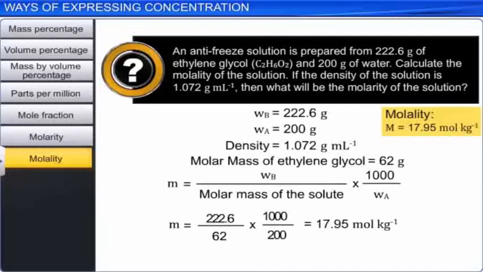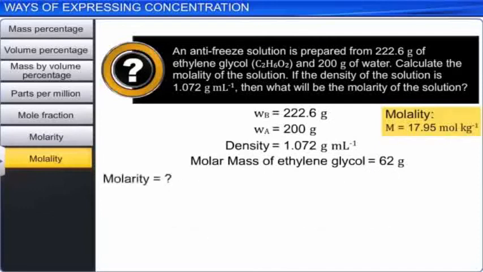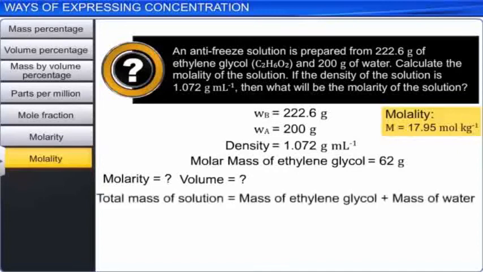You will have to calculate the volume of the solution since molarity takes that into account. The total mass of the solution is the sum of the mass of ethylene glycol and the mass of water. That is, 222.6 grams plus 200 grams, which is equal to 422.6 grams.